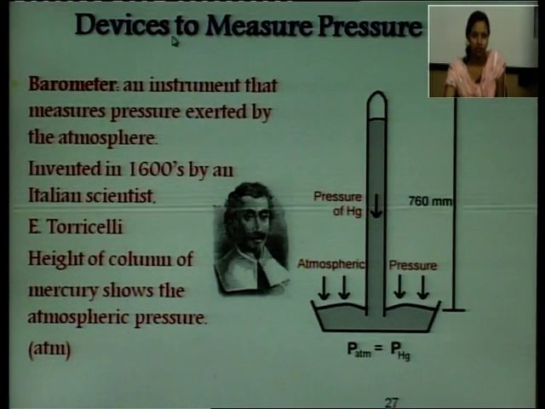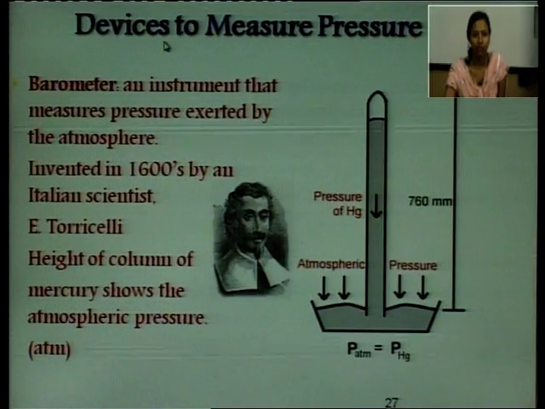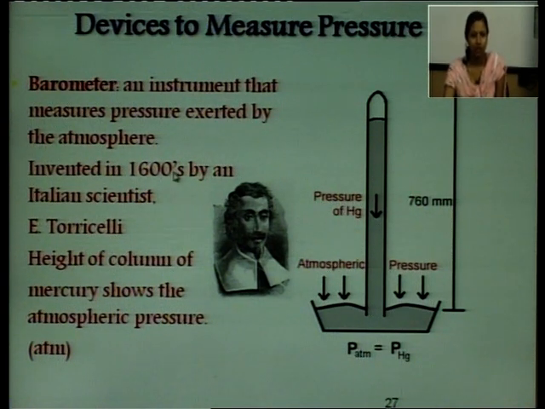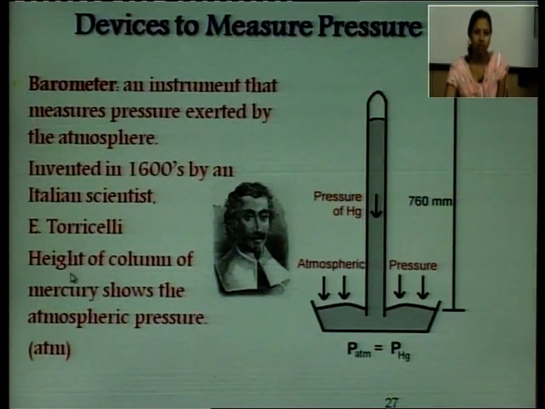Now we will discuss the different devices to measure pressure. First one is the barometer. It is an instrument that measures pressure exerted by the atmosphere. It was invented in 1600 by Torricelli.